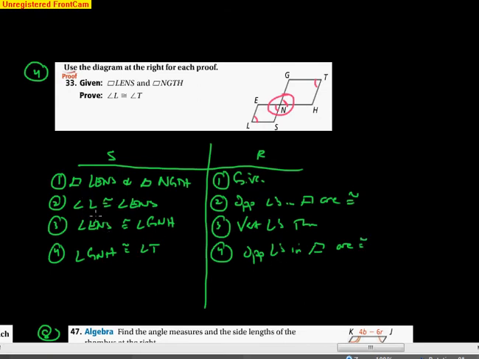L congruent to ENS, ENS congruent to GNH, GNH congruent to angle T. We have a double transitive property situation. That'll then let us connect angle L to angle T. Transitive property. So again, remember, a lot of it has to do with the angle measures and using transitive property.